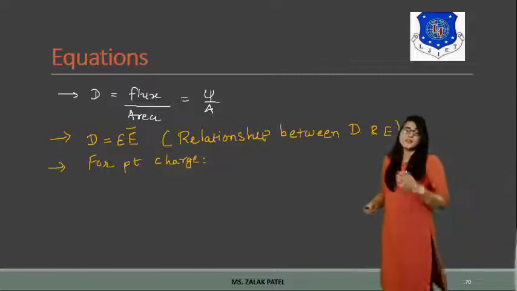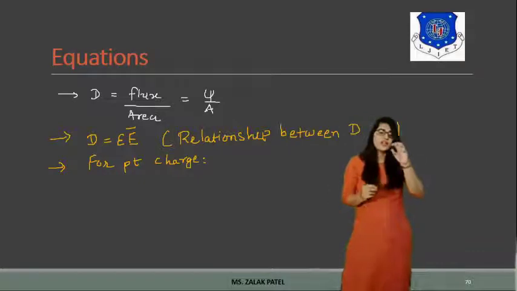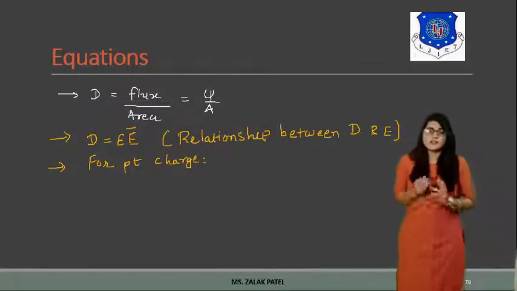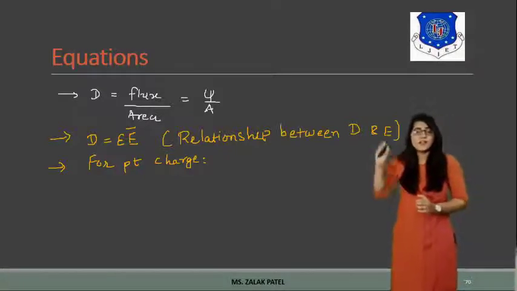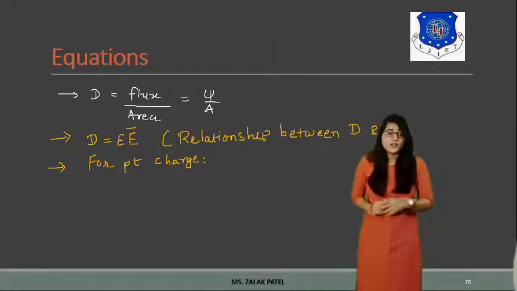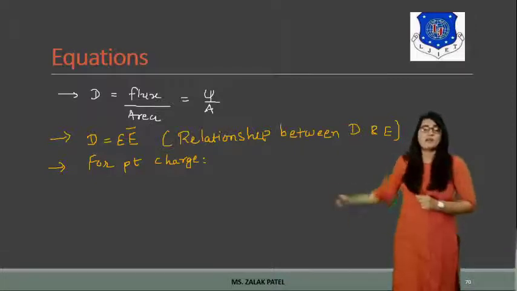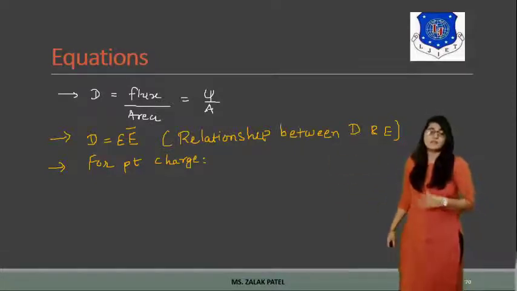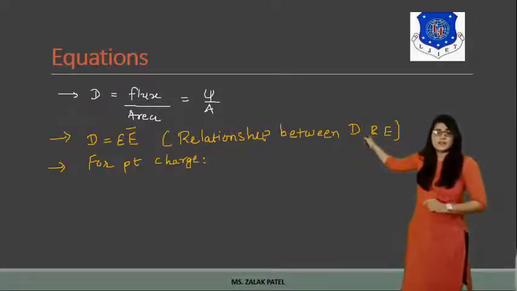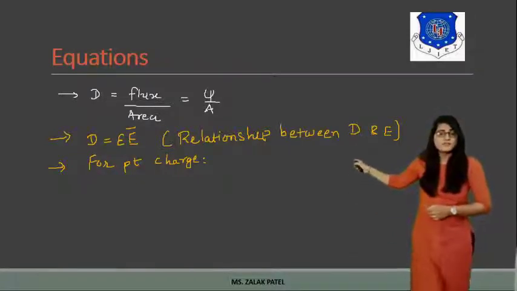Now for a point charge, we discussed in the previous sessions that when only the plus Q charge is present, the electric field intensity is given by Q upon R square AR bar, where R is the distance and AR bar is a unit vector. From this equation of electric field intensity, we can easily get the equation of electric flux density because we know the relation between D and E. So let's use this and make the equation for the point charge for the flux density.